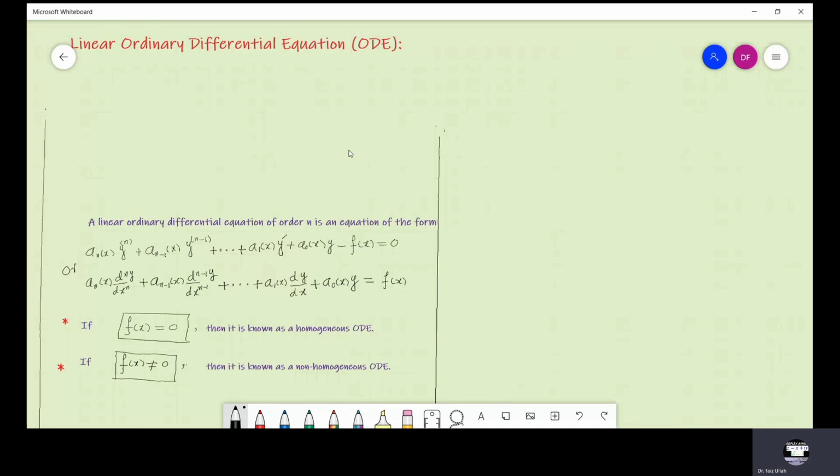Linear ordinary differential equation. Let us start from the definition.